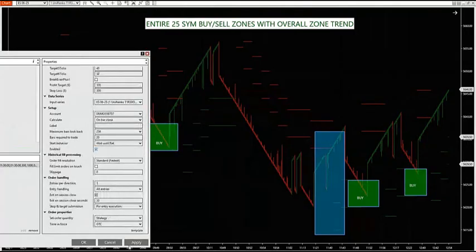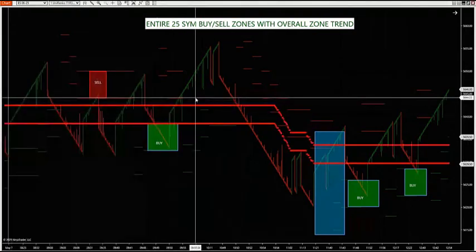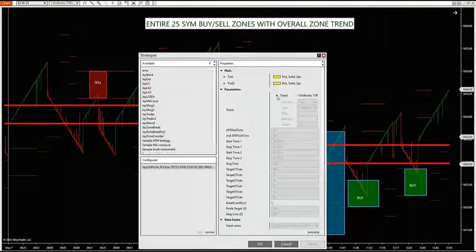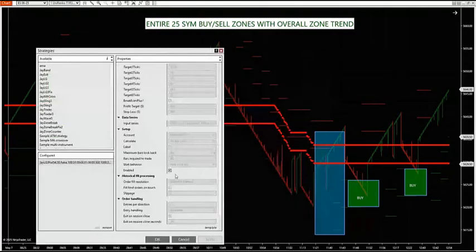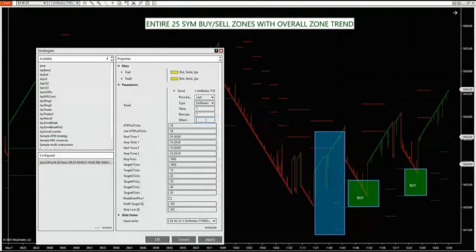If you want more setups, widen that out to 54.30. I put 1-165. That's not good. Put 165.